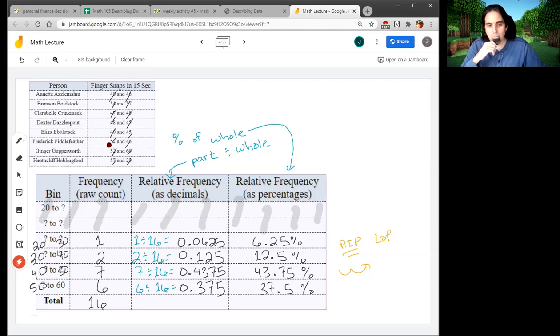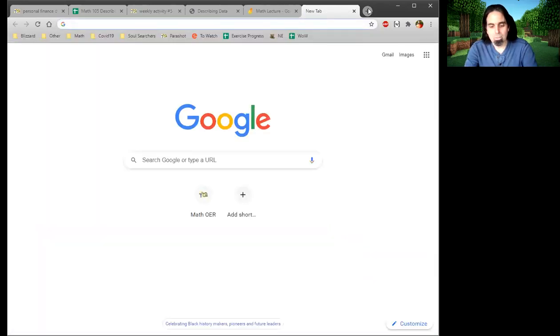For finger snapping, probably there's no advantage to the relative frequency. Here's one example.